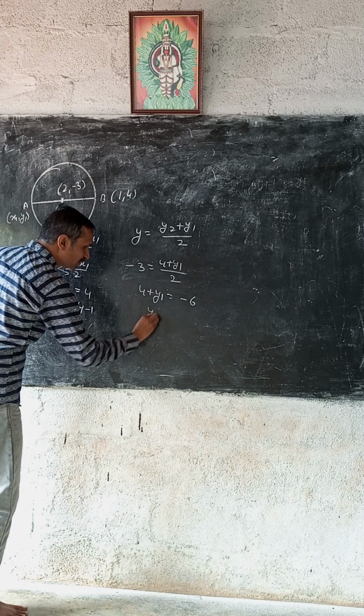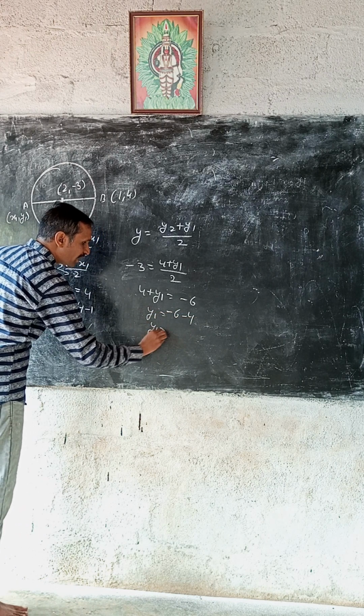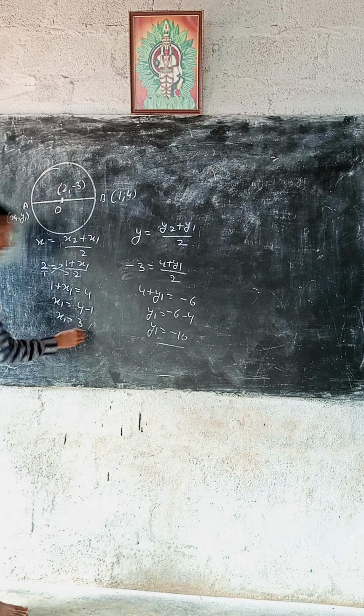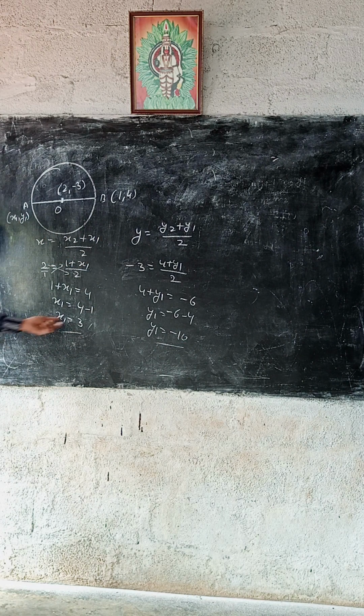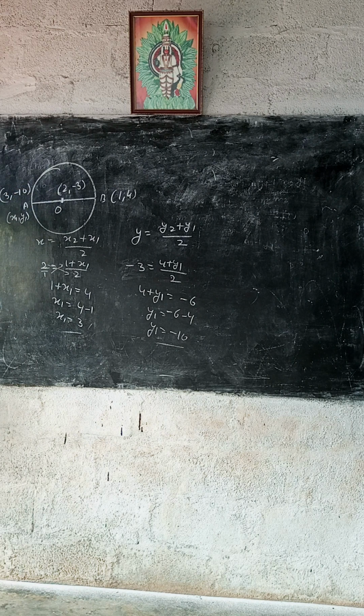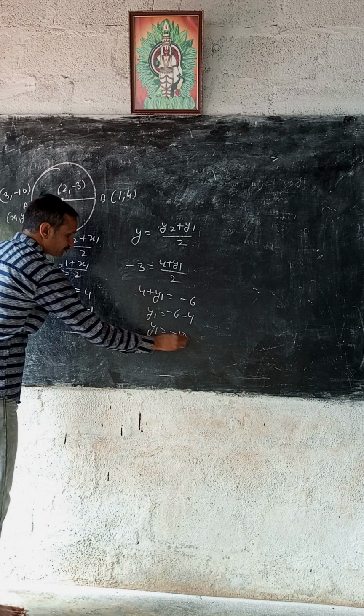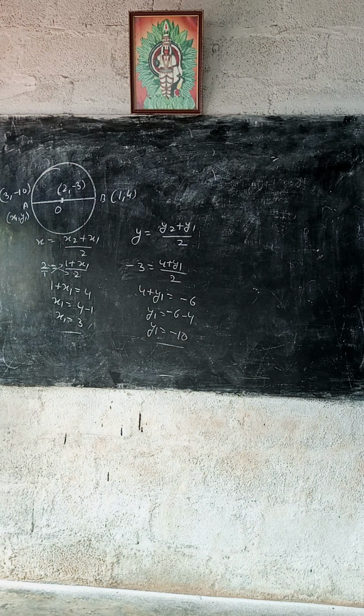And y1 is equal to minus 6 minus 4, then y1 is equal to minus 10. So we got the point A: 3 comma minus 10. This is the point A on the circle, because the center is the midpoint of the diameter. Now we are going to the next question.